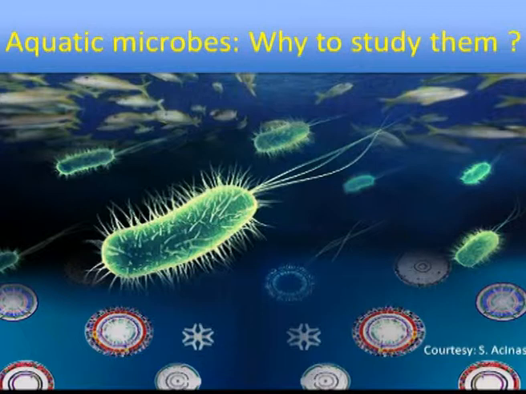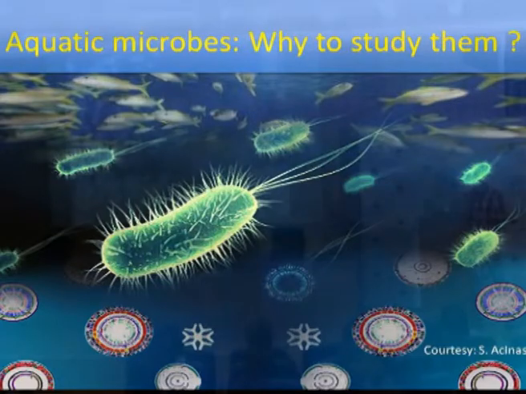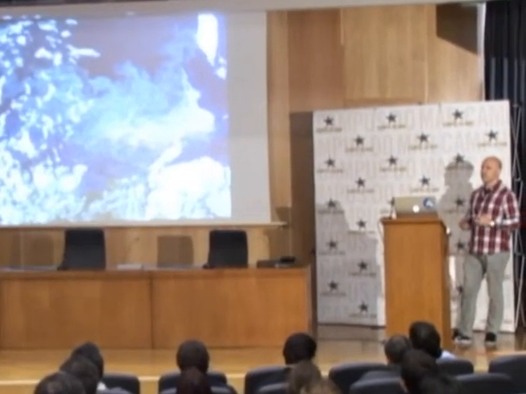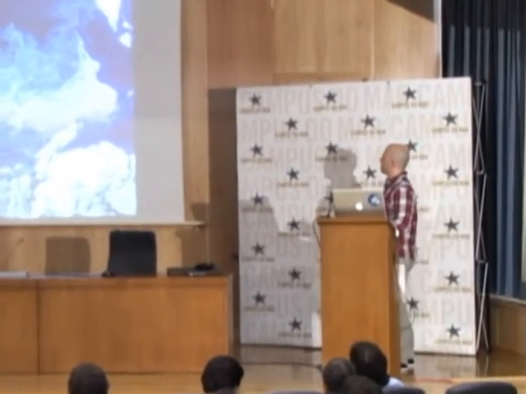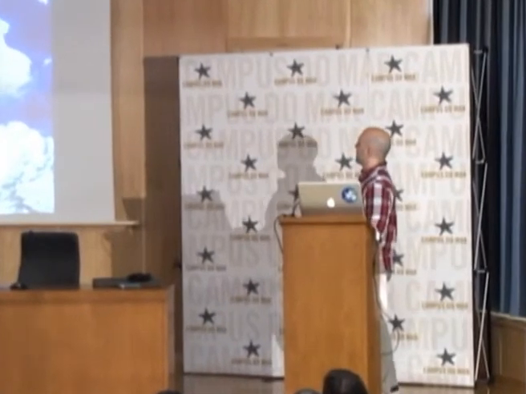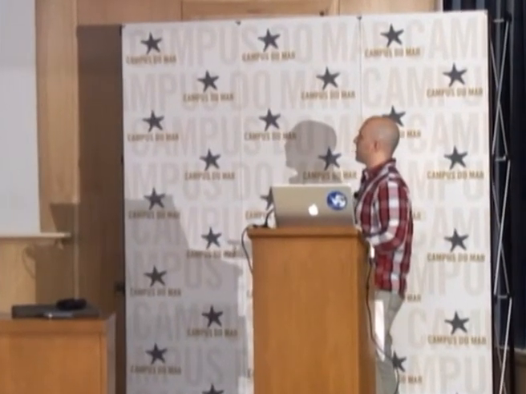So maybe some of you wonder, why study aquatic microbes, why are they important? I guess here in Vivo, since you are quite connected to the sea, it's a relevant question in a way. If you look sometimes from space at the Earth, you see things like that. And then you wonder, what's that? Well, that's a microbe.